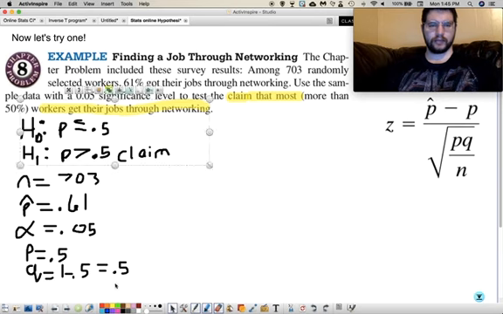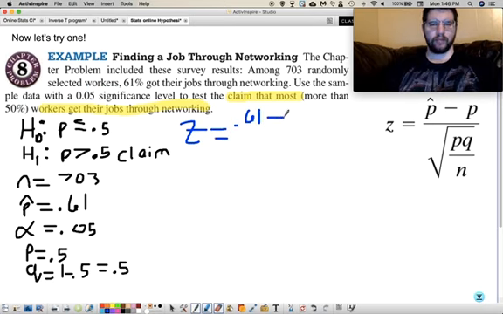So my test statistic, I have to use a pen: P hat, 0.61, minus P, 0.5, over the square root of P times Q, 0.5 times 0.5, over N, which was 703.